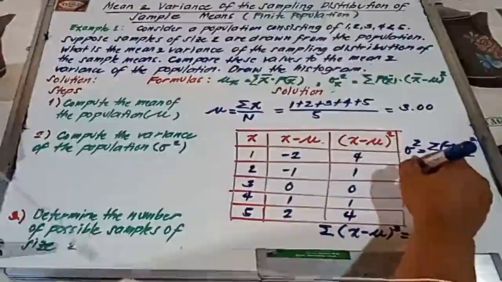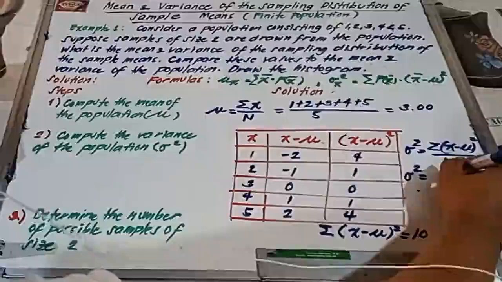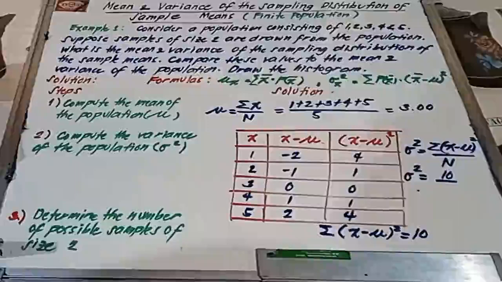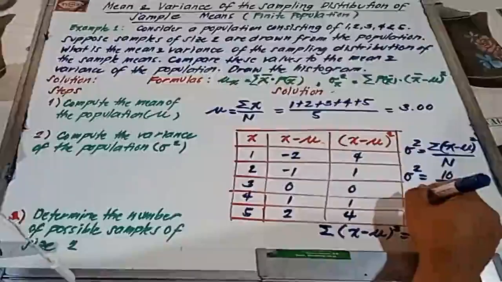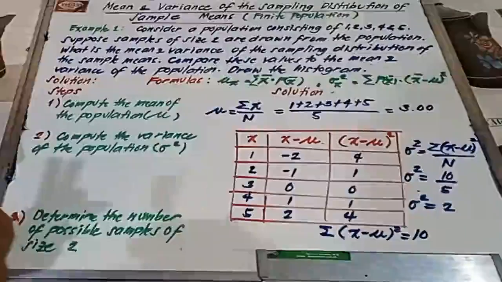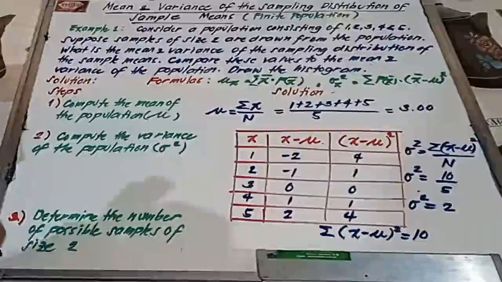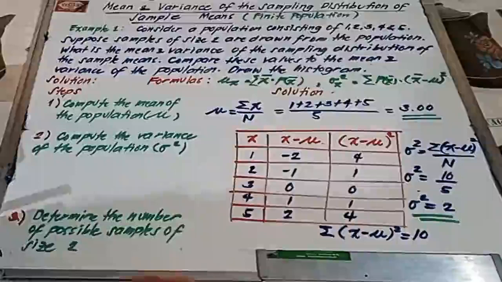Therefore, ang ating population variance is the quotient of 10 and the population size 5. That is equal to 2. So therefore, we already have the population mean and the population variance.